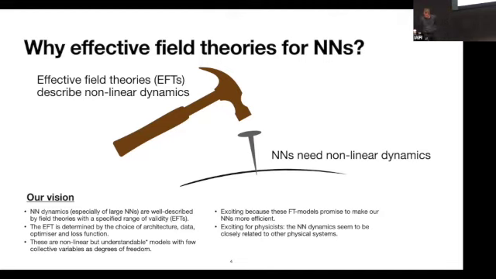And these are, for us, very interesting because they are nonlinear but understandable models with relatively few collective variables as degrees of freedom. I think they're exciting for two reasons. One, we can obviously use these models to make our neural networks more efficient.